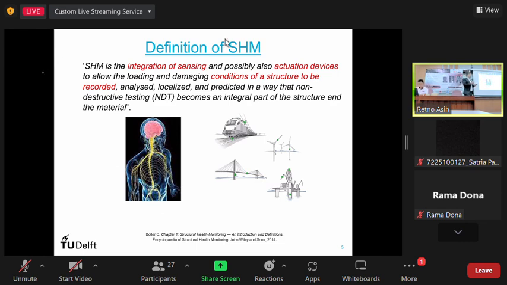It's quite similar to having sensors in different structures: we get data from them and send it to a controller, where it is processed and decisions are made based on the data we gathered. So it is an integration of sensors, sometimes with actuation as well, and we understand the condition of the structures we are monitoring or reporting.